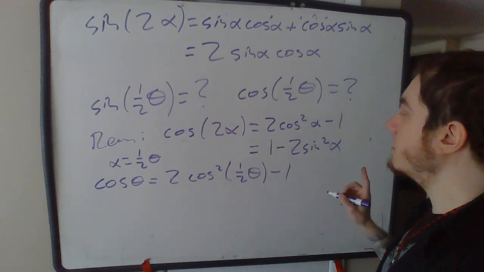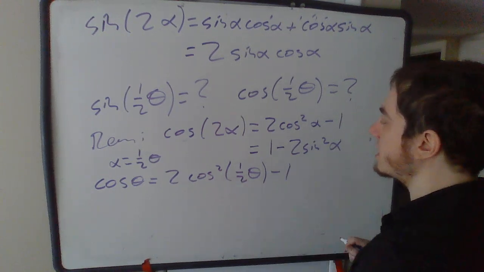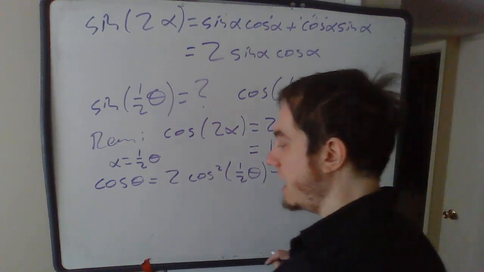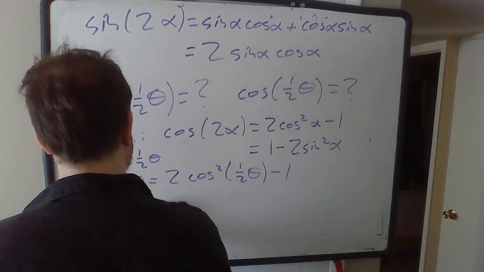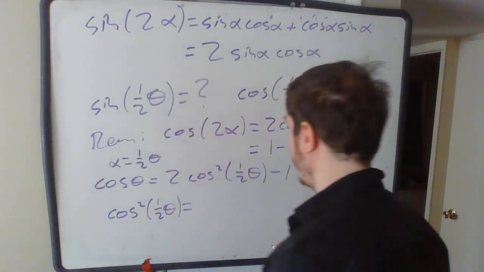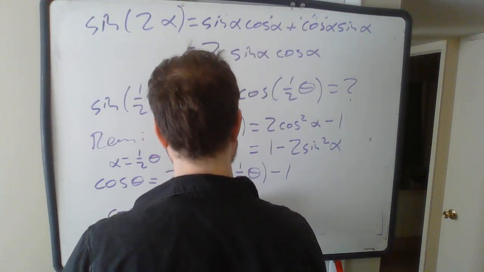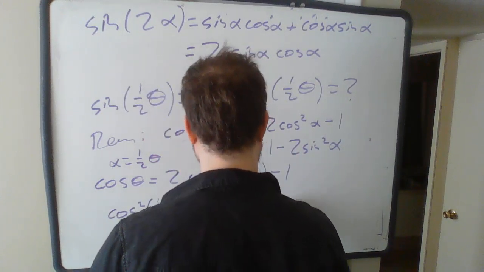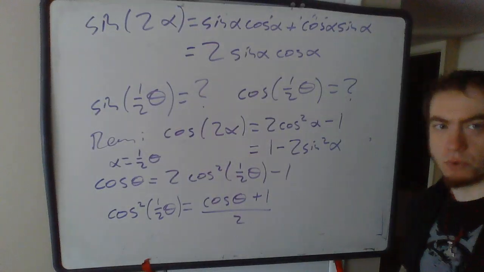Now I can solve for cosine squared of 1/2 theta. When I do that, I get cosine squared 1/2 theta is equal to cosine theta plus 1 all divided by 2.